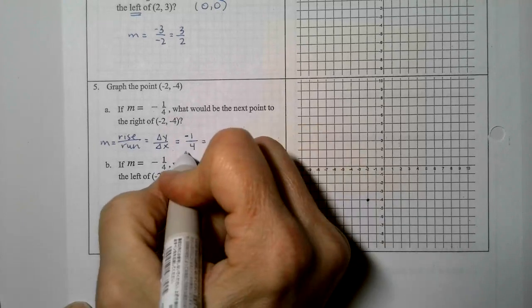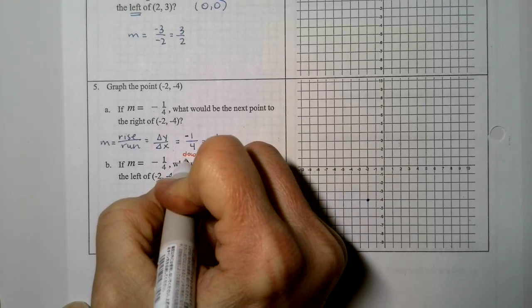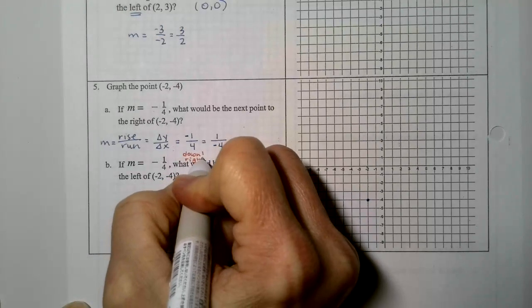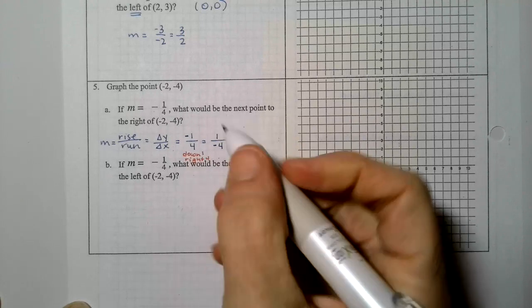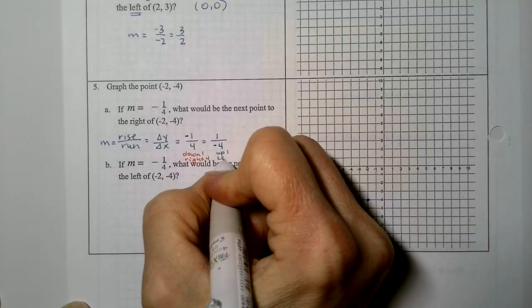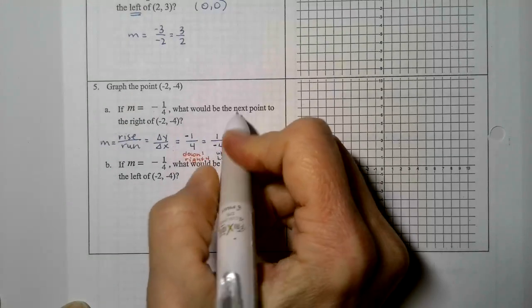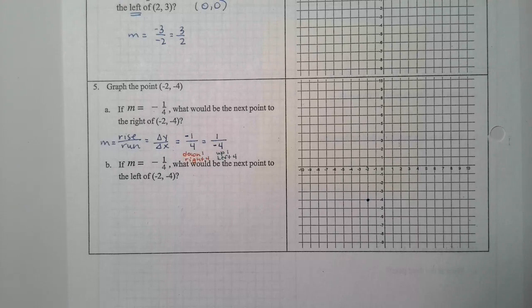So for this first fraction, this would be down 1, right 4. And for this second fraction that I wrote out, it would be up 1 and left 4 if you take the sign with those. But let's see what that looks like with the graph. Hopefully you have something over here that you can compare to.